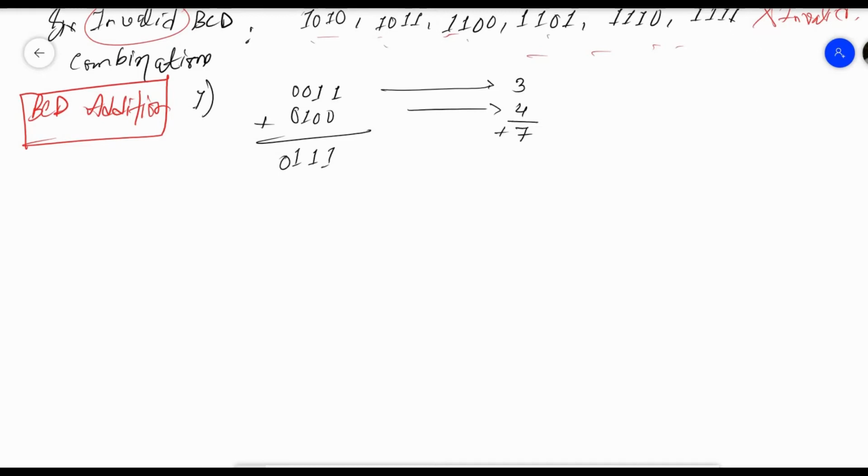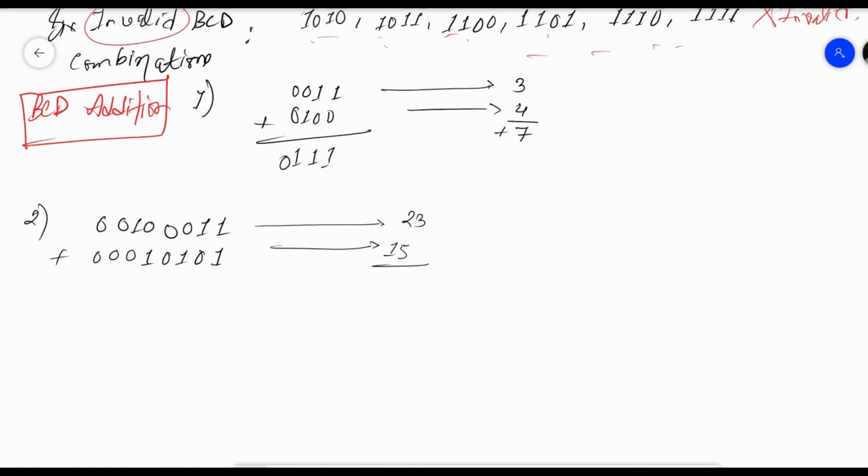Now let us move on to another example, number 2. We will add 0010 0011 with 0001 0101. If we convert these into their corresponding decimal values, this one is 23 and this one is 15.